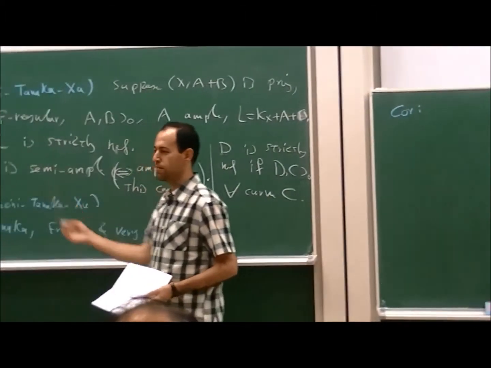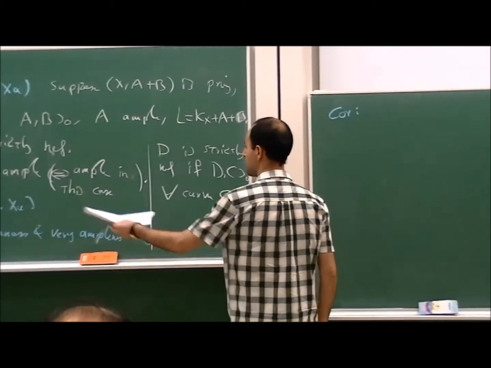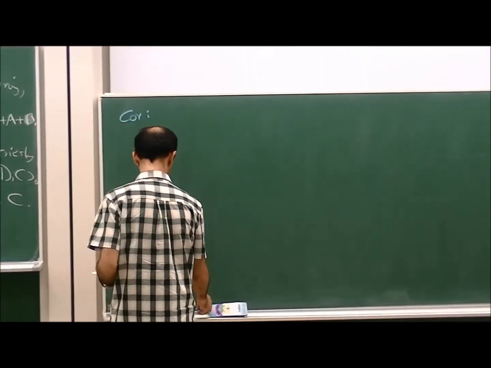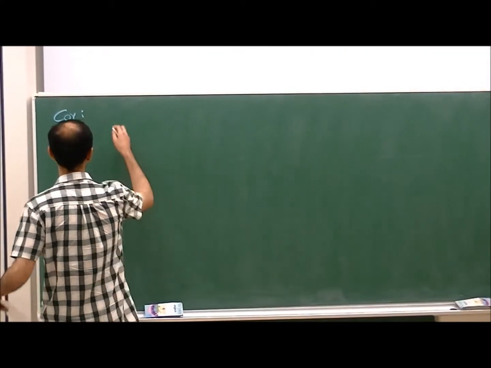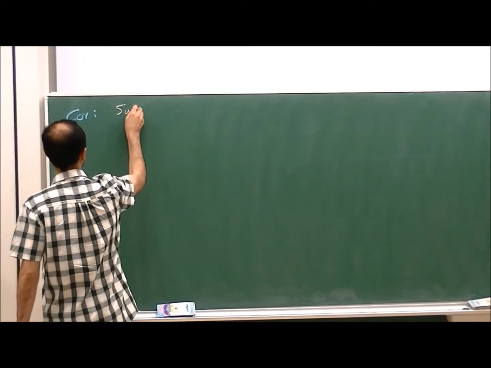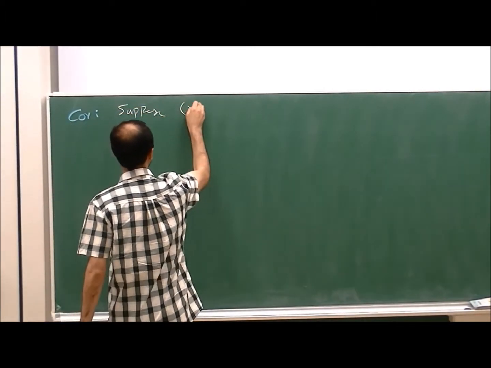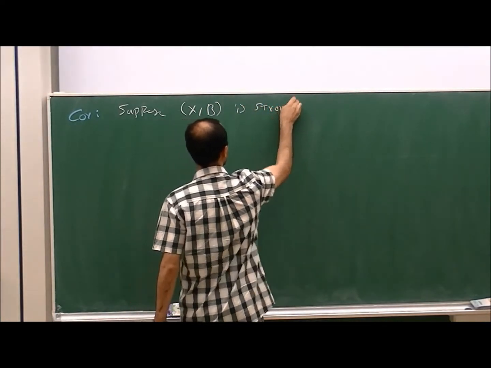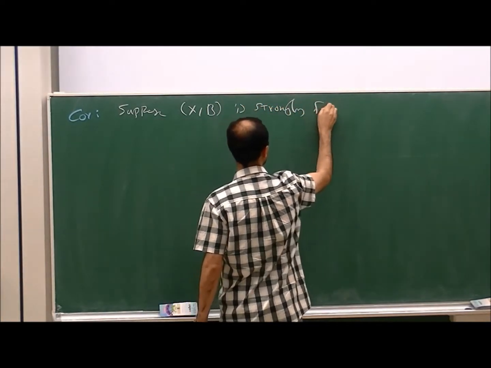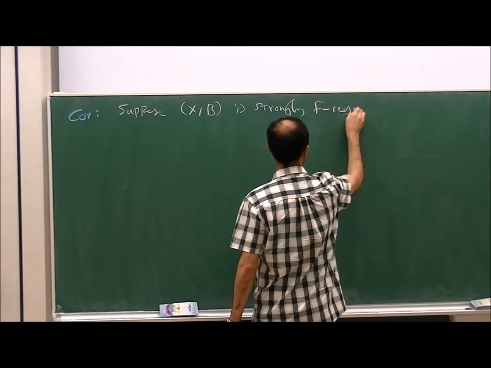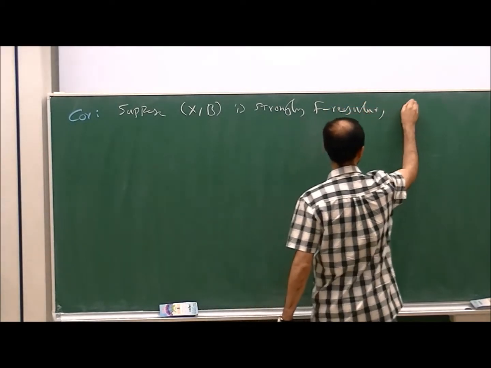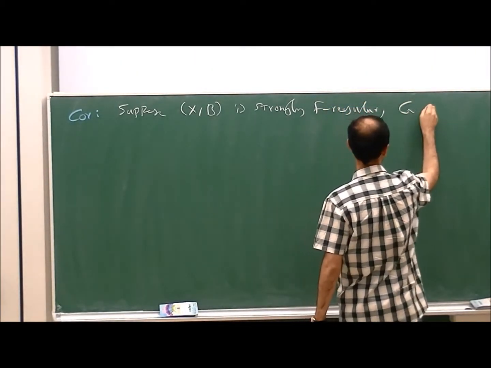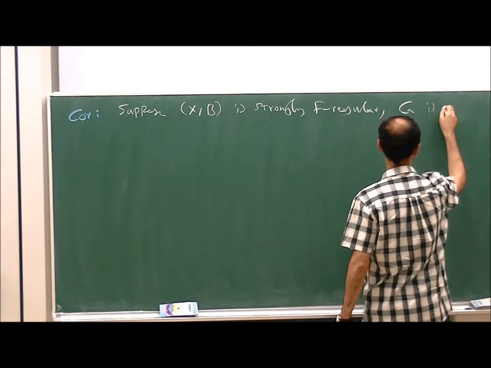Why you should care about this theorem, although it's much weaker than what we want. Well, the main reason is the following. Suppose that we have (X, B), strongly log canonical, for example like KLT. Suppose that now G is an ample Q-divisor.